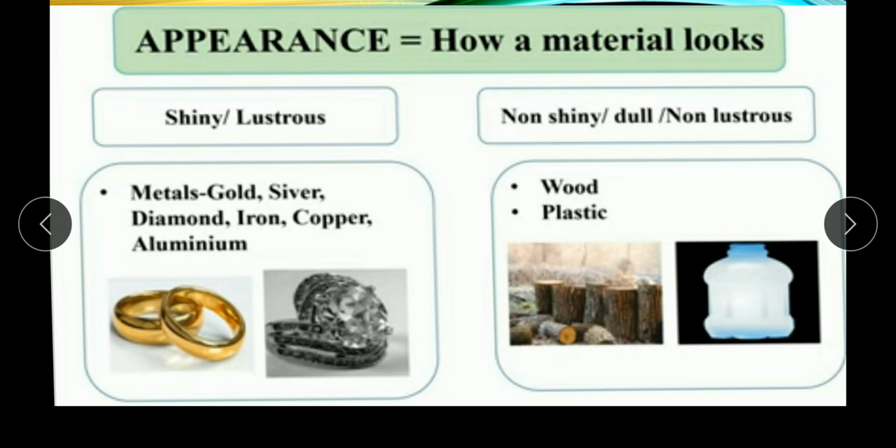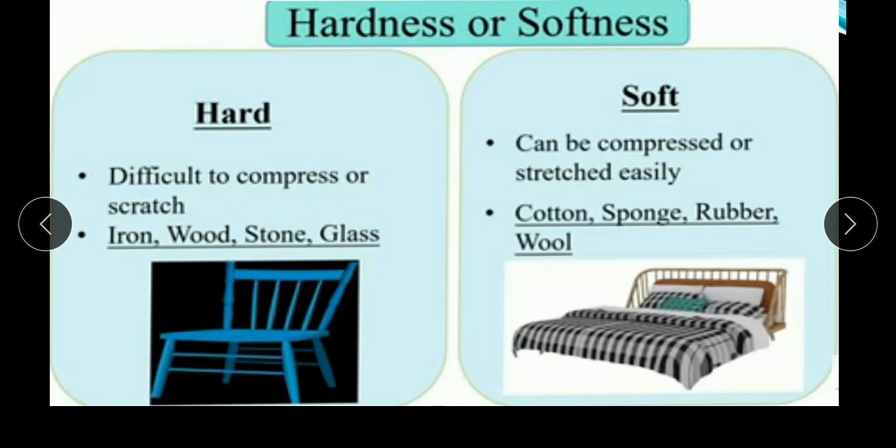The materials like metals, gold, silver, diamond, iron, copper, aluminium, which have shine on them, are called shiny lustrous materials. Whereas the materials like wood, plastic, and many more that do not have shine on them are called non-lustrous materials.